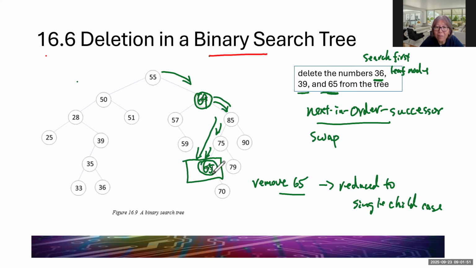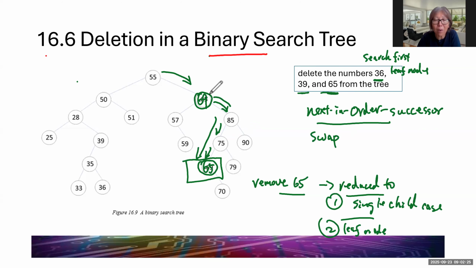Then you identify that node. That node will be either a leaf node or a node with a single child. Then the case is reduced to either the single child node case or the leaf node case, and we can just use one of these options to do it. Okay, so that's the case for a node with two child nodes.